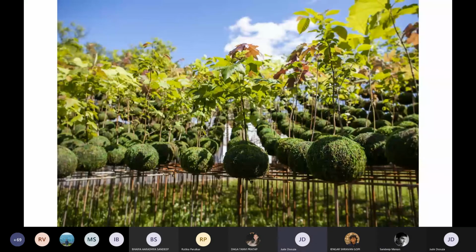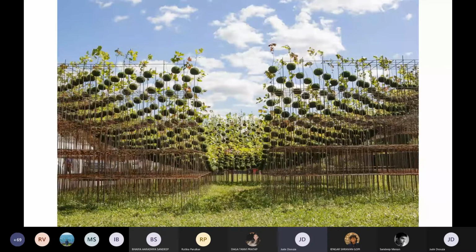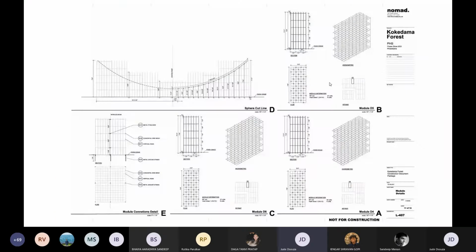All right. So we move next. Okay, just some images. Also, the construction drawings of this. It's simple, but getting the heights, the logic of construction, is part of the process. It's not that you have an idea and it just happens magically on site.